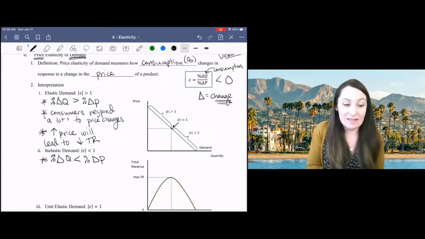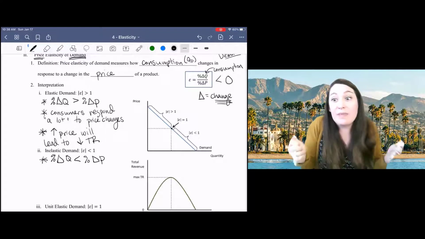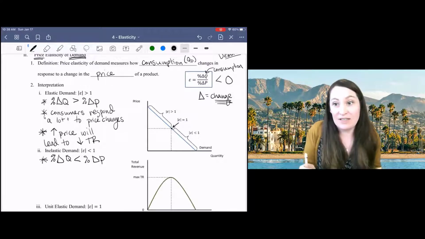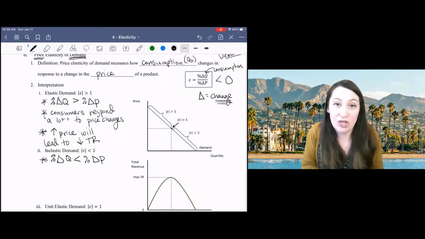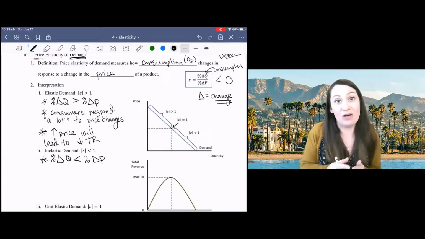So inelastic demand means that consumers are not very flexible, right? When you hear the word elastic, you should think about a rubber band. How stretchy is it? How flexible is it? How responsive is it to changes in pressure, right? So here we're trying to measure how flexible consumers are, how responsive consumers are to changes in price. And when demand is inelastic, it means they're not flexible.